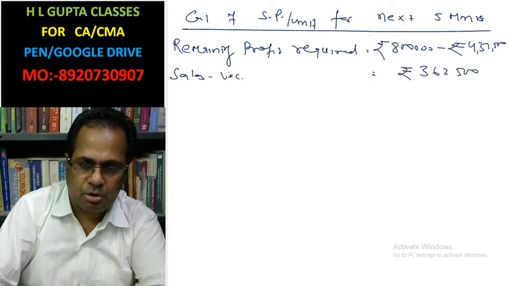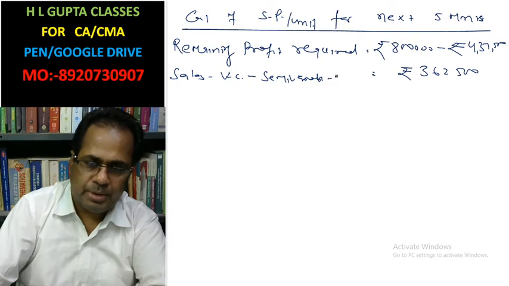In this case, sales minus variable cost minus semi-variable cost minus fixed cost.